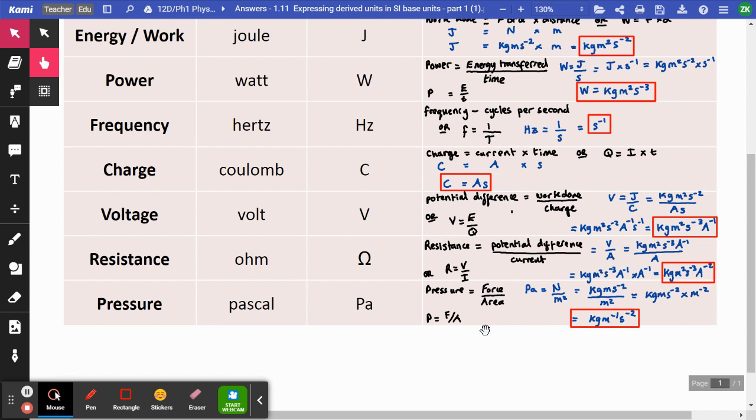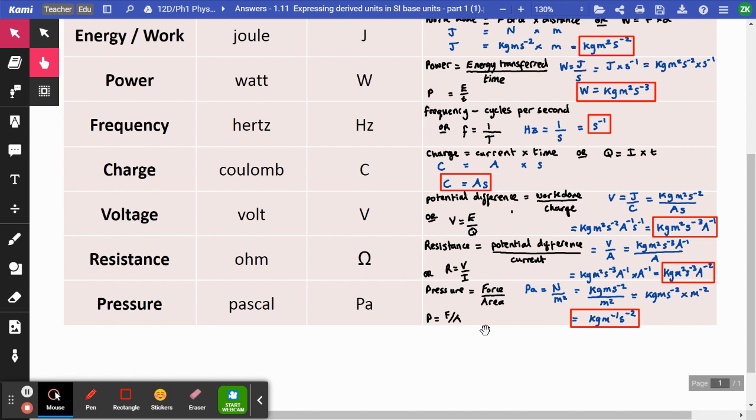So pressure is equivalent in base units to kilograms meters to the minus 1 seconds to the minus 2. So 1 pascal is the same as 1 kilogram meters to the minus 1 seconds to the minus 2.